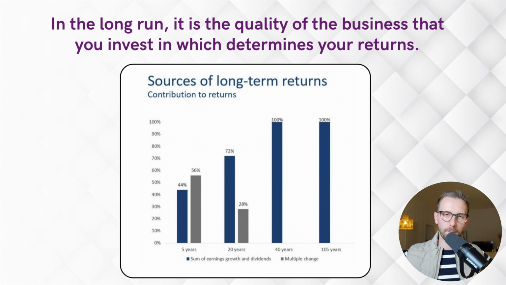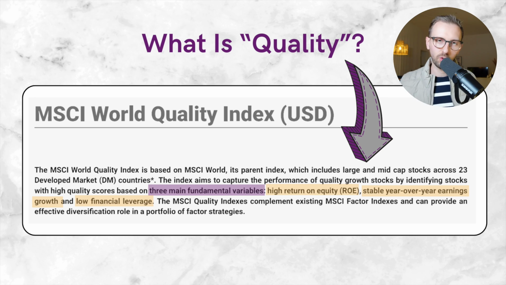And again, just to get back to the composition of the MSCI World Quality Index, as highlighted, one key element of the composition of this index is that the businesses within the index should earn high returns on equity, which, based on what we were just saying, explains why over the very long term, the quality-focused indices have outperformed the non-quality focused indices.